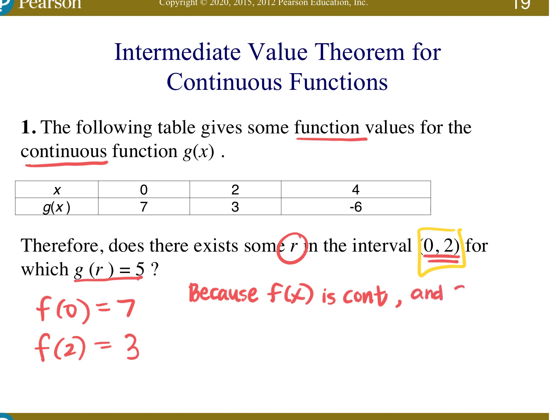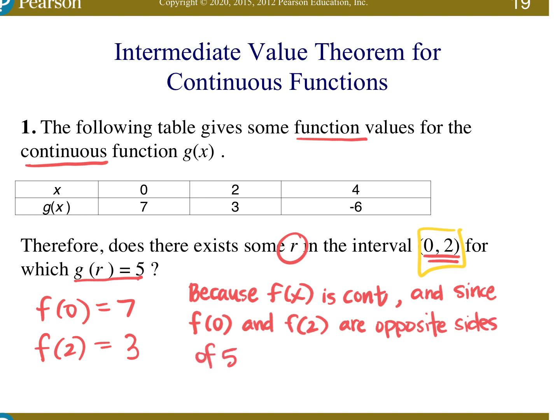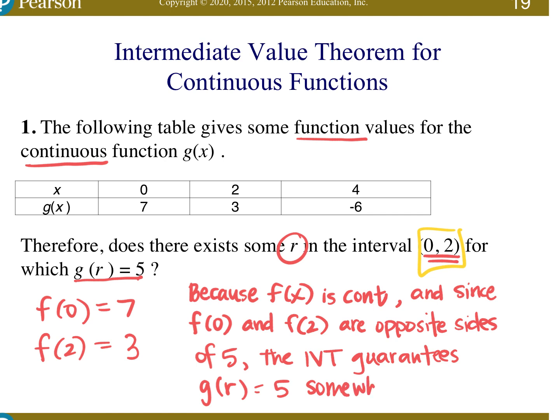And since f of 0 and f of 2 are on opposite sides of 5, the IVT guarantees g of x will equal 5 somewhere, at least once.